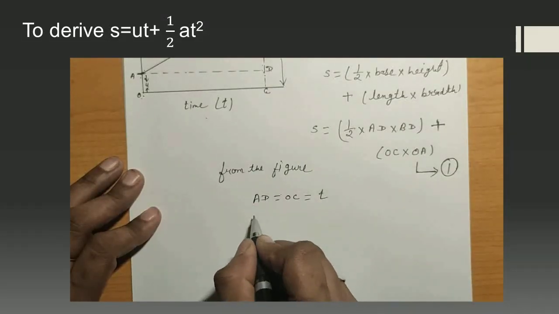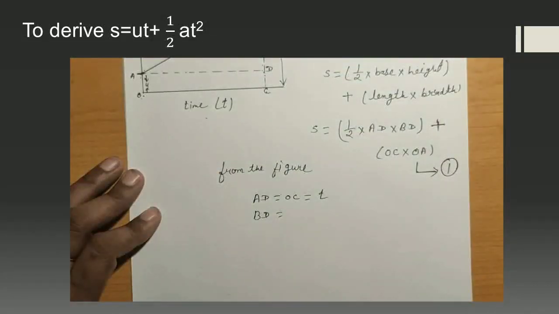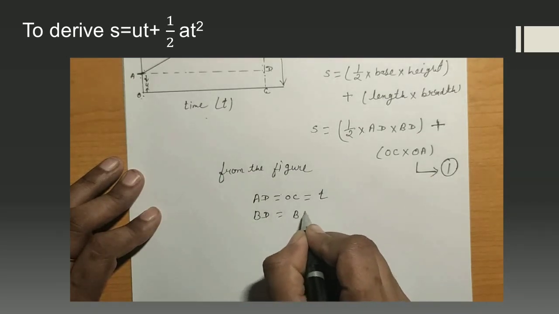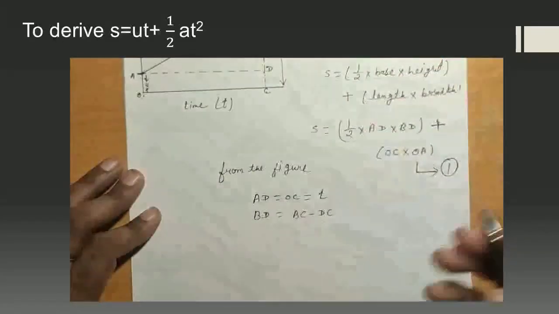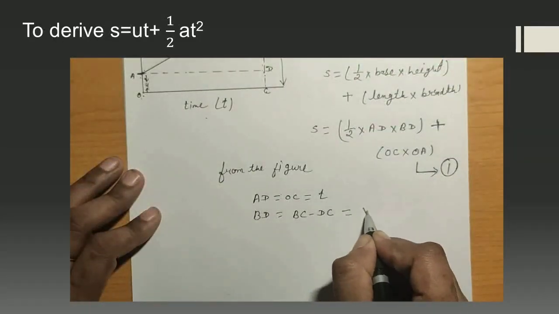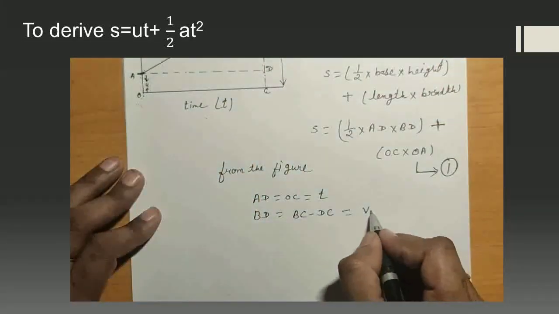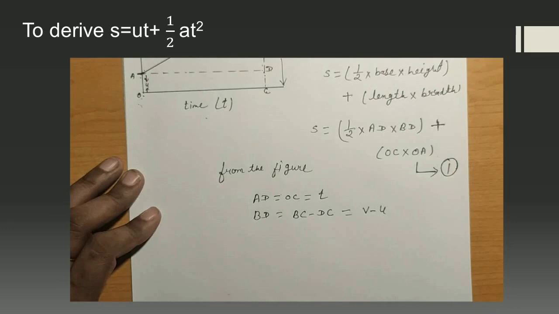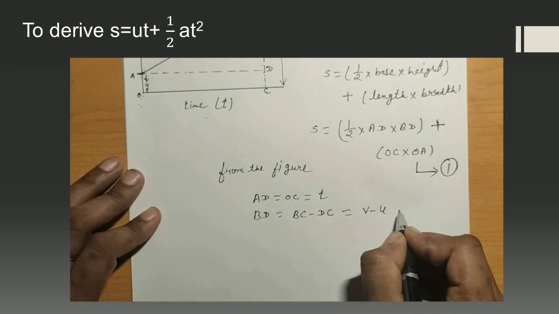Now BD. What is the value of BD? In the same way which we did in our previous equation, BC minus DC. What is the value of BC? That is v, and CD is equal to OA, it will be u. So BD will be v minus u.